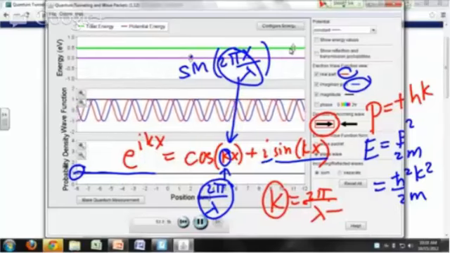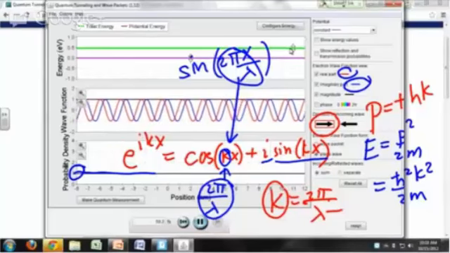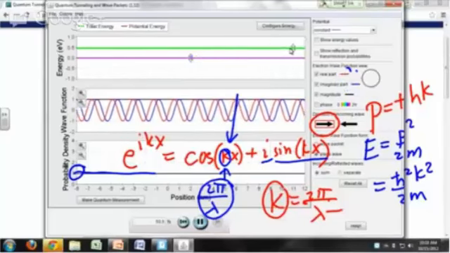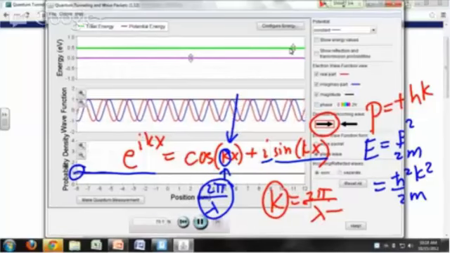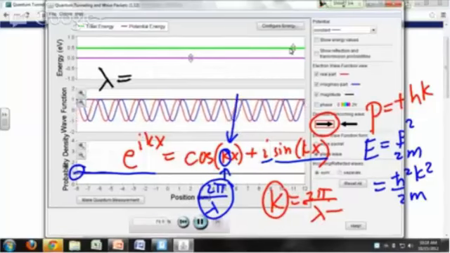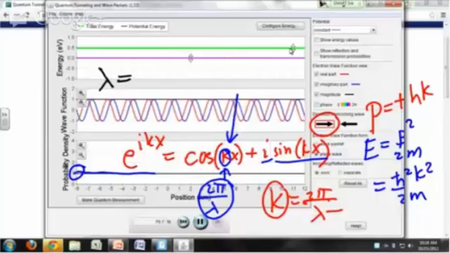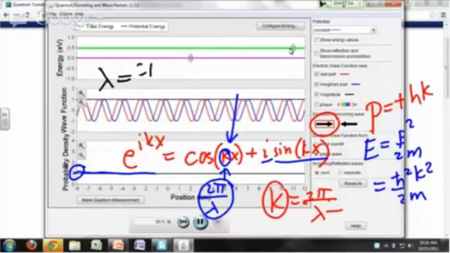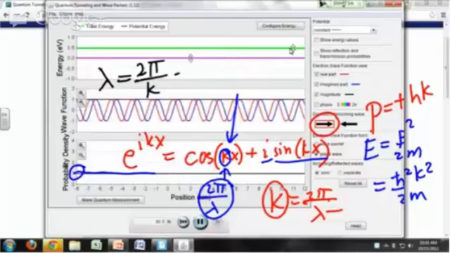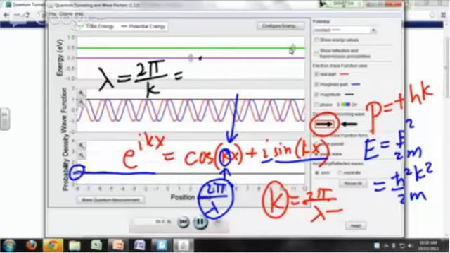And in fact, you can show that. Let me rewrite this. Let me write this as lambda equals, what's lambda equal to in terms of k? 2 pi over k, right? And what is k?